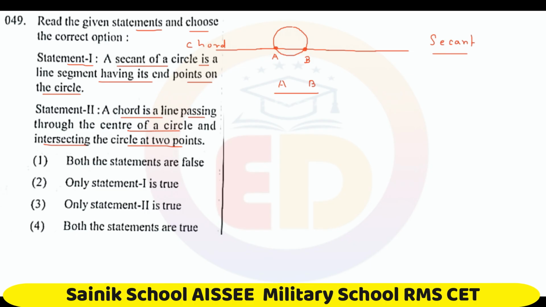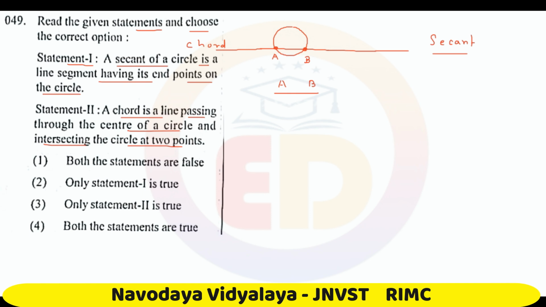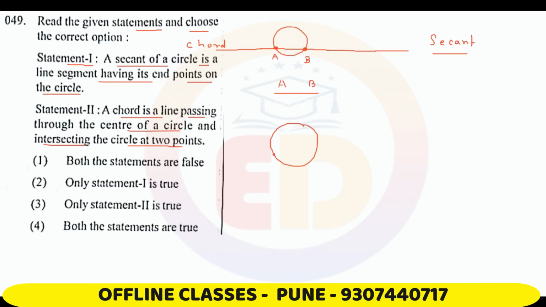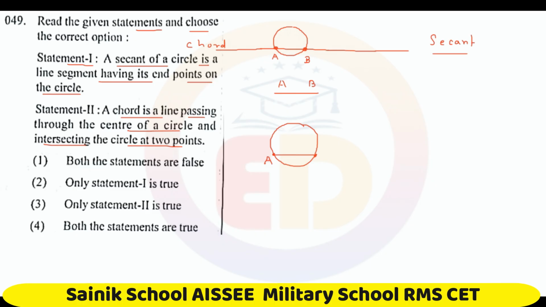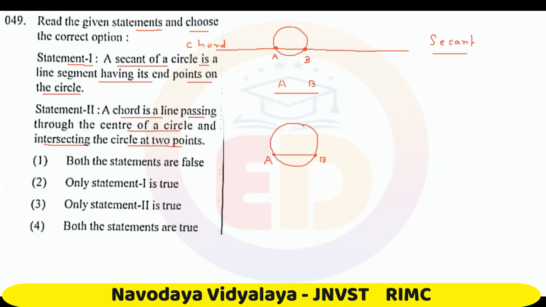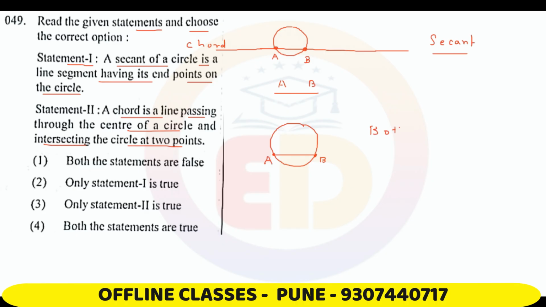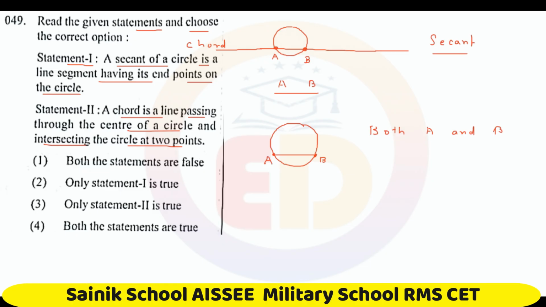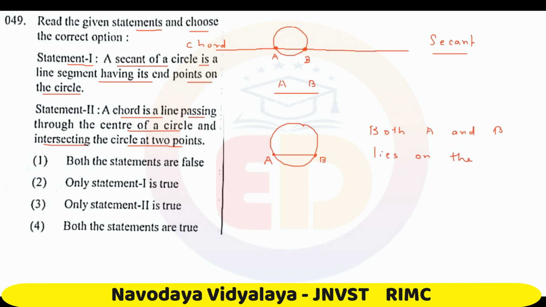So here they say that a secant of a circle is a line segment having its endpoint on the circle. Let us see what is that. A line segment which is having its endpoint on the circle. Suppose this is the line segment AB, and it starts from a point on the circle and ends at another point on the circle. So basically both the points, both A and B, lie on the circumference of the circle.